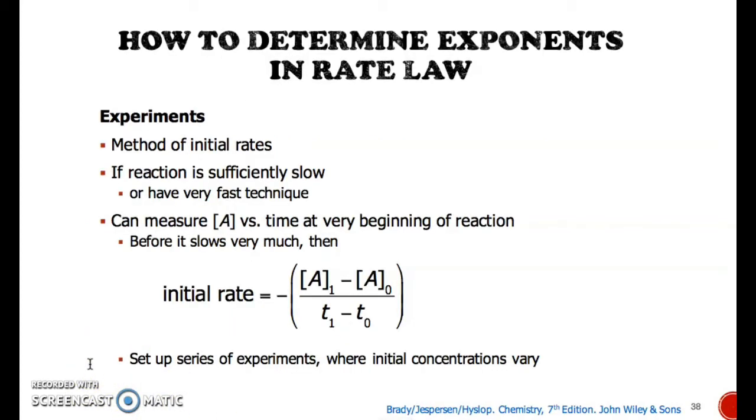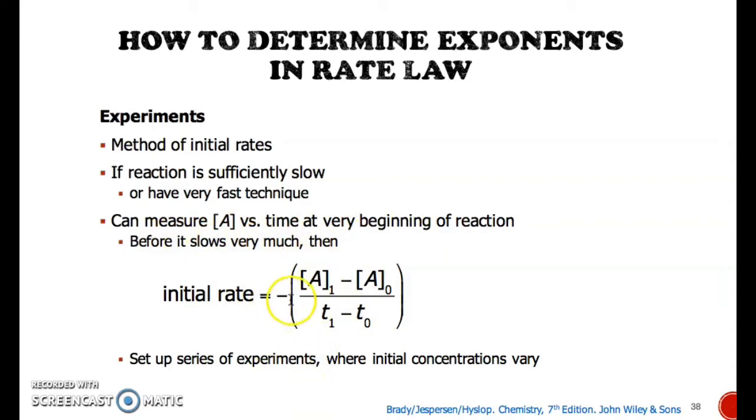And how to determine exponents in the rate law? Experiments, the method of initial rates. If the reaction is sufficiently slow or you have a very fast technique, you can measure the concentration of A versus time at the very beginning of the reaction before it slows very much, and this is the initial rate.